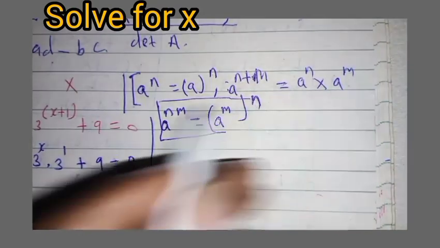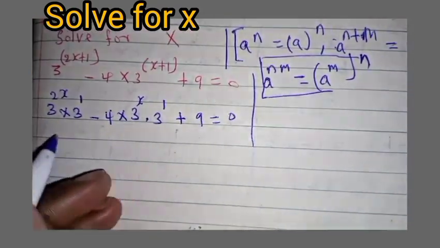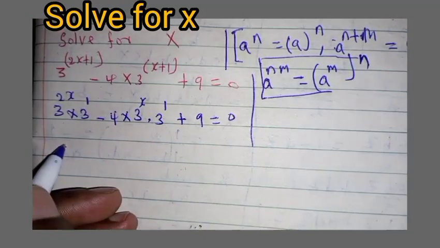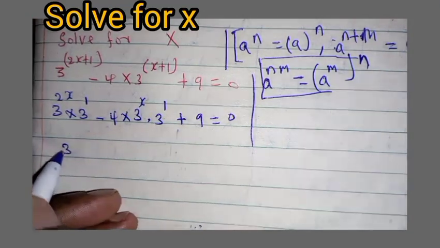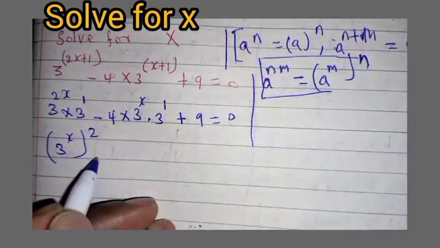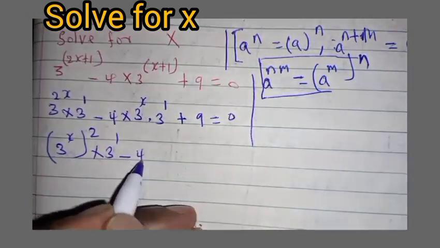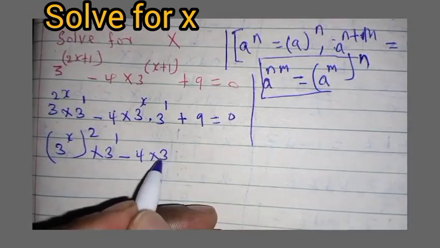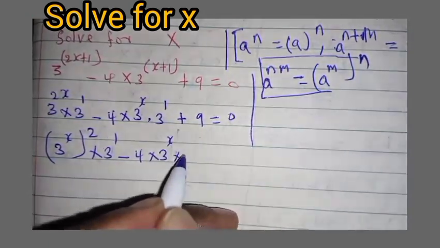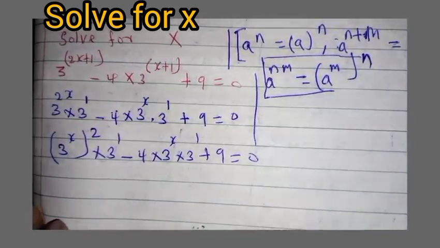We shall employ that identity here, whereby instead of 3 power 2x, this can be written as 3 power x, everything into bracket squared, multiplied by 3 power 1, minus 4 times 3 power x times 3 power 1, plus 9, which is equal to 0.